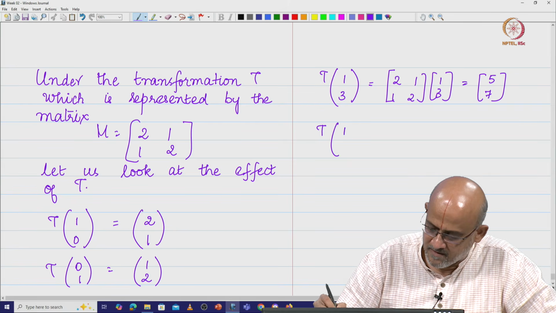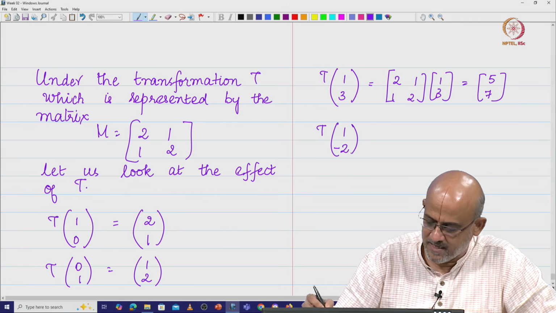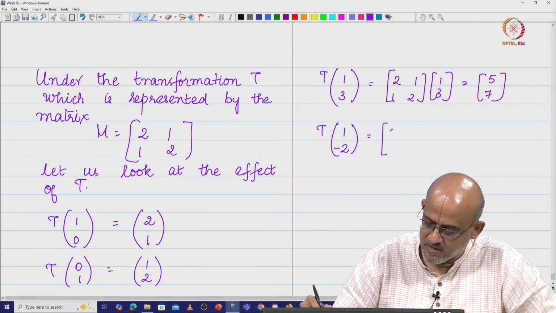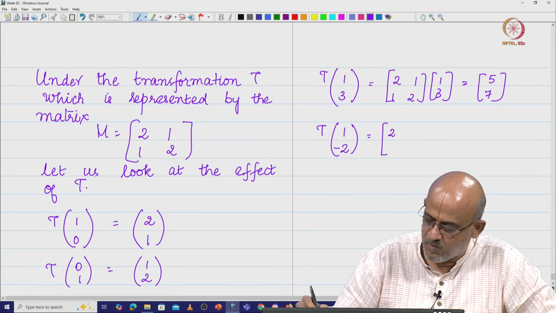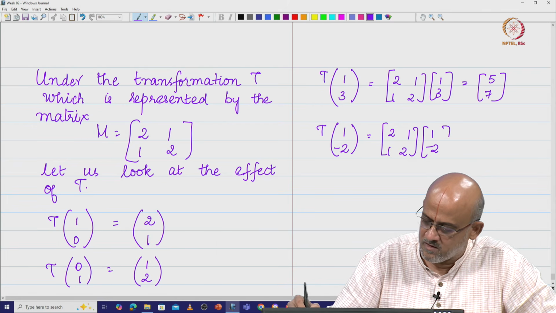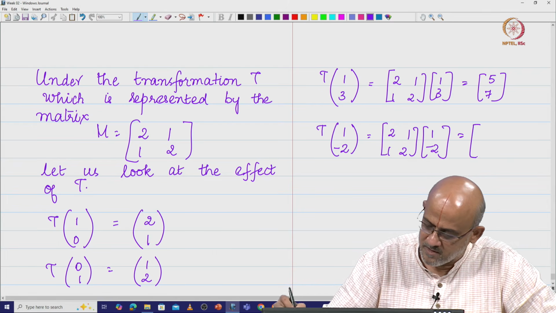I am going to take some negative vectors, so vectors with negative components. So, I am going to have (1, minus 2). What is this going to do? This is going to be [2 1; 1 2] into (1, minus 2). I am going to have 2 minus 2, which is 0, and then 1 minus 4, which is minus 3.